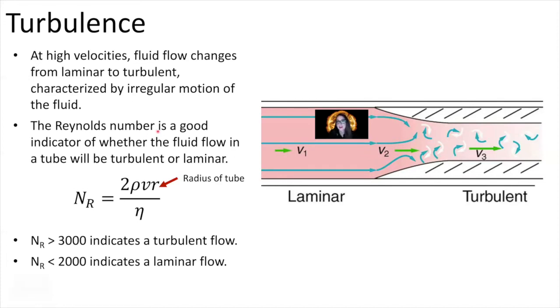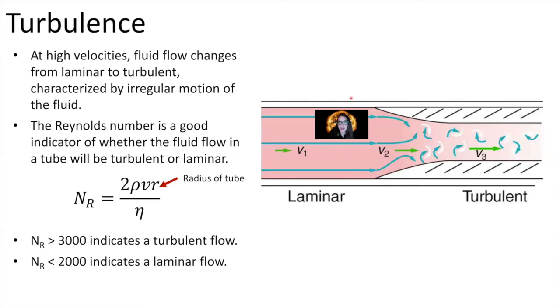The Reynolds number is an indicator of whether the fluid flow in a tube will be turbulent or laminar. Laminar means that all the fluid layers are moving on top of the other, but turbulent means that you've got some spinning of the fluid, and then you create these little swirling eddies or vortices.